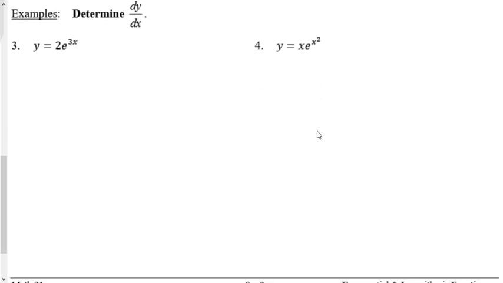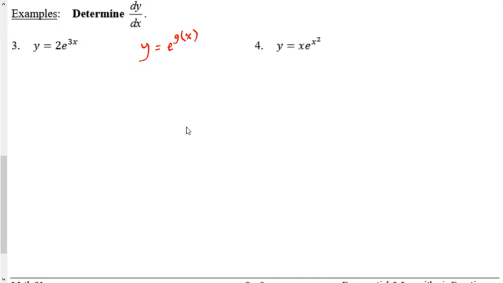What I have is a composition of functions, because in my exponent, I have a function of x. So let me just write beside here that I'm going to be looking at the derivative of e to the g of x.